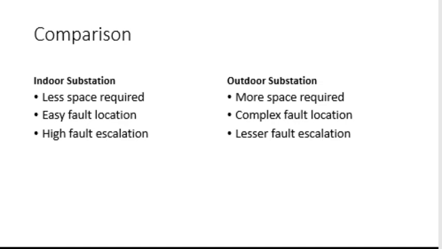But in the outdoor substation the fault cannot be escalated easily, because there is a respectable amount of distance available between the equipments of a substation. Because as we already discussed, the insulating medium required for that substation will be nothing but air.